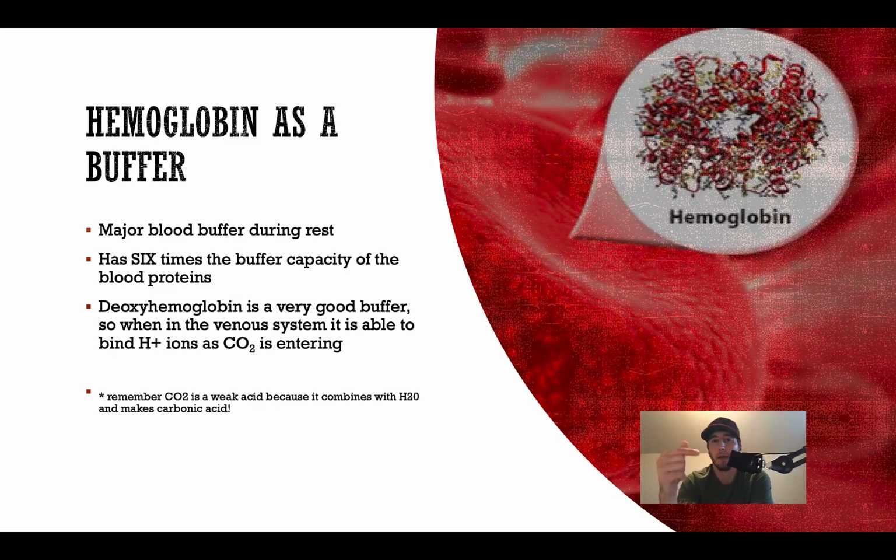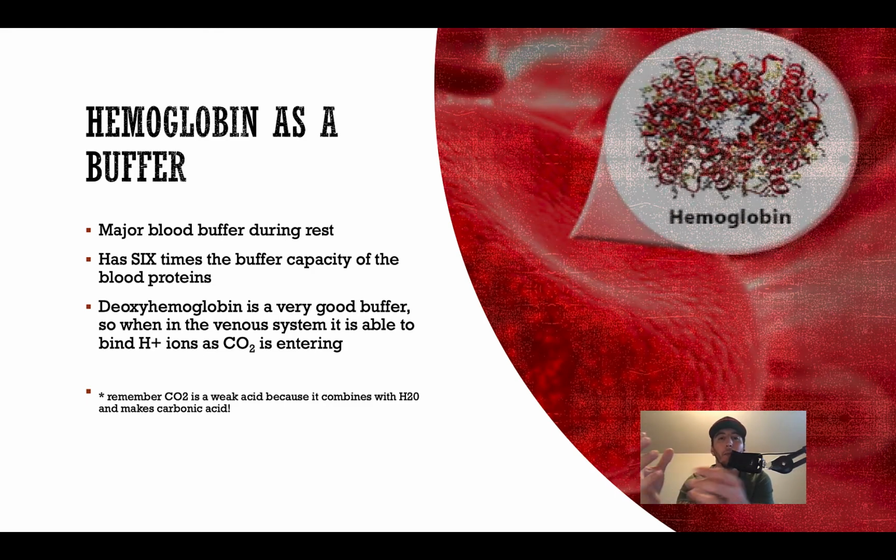What else is being produced and then released inside of the capillaries, inside of the muscle? What's going to be released? We're going to be releasing CO2 and we're going to be releasing acid, right? Because our active muscle is going to be taking on oxygen and then dumping out waste products of CO2 and acid. Good thing is that deoxyhemoglobin is actually a very good buffer.